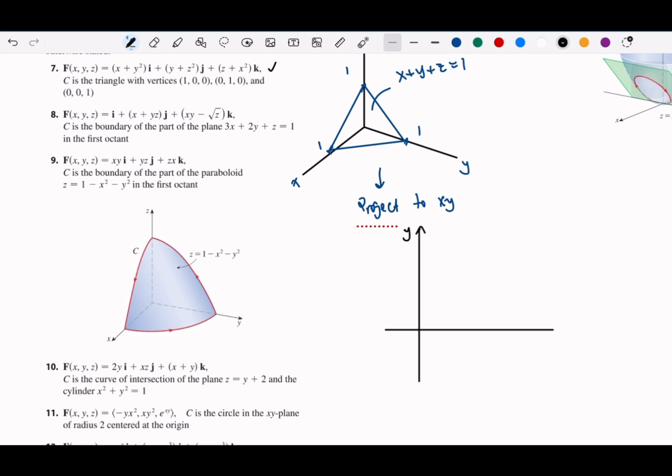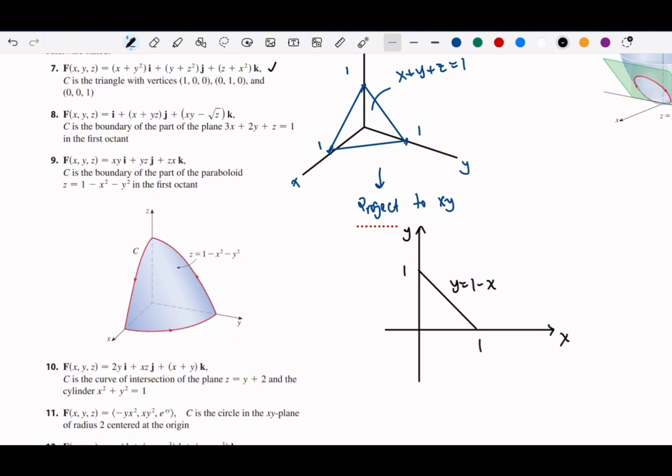This is y, this is x. So we have something like this, right? Okay. This is 1, this is 1. So I think you can say that y is 1 minus x, right? Okay. And then what else?